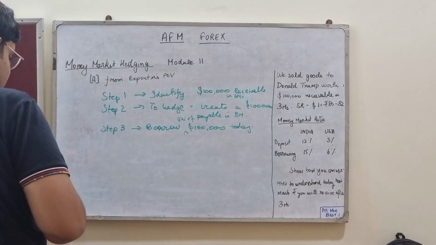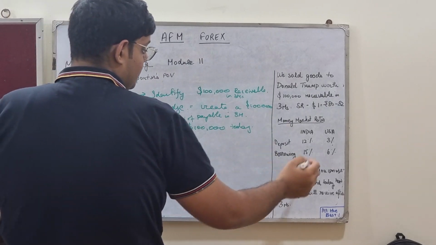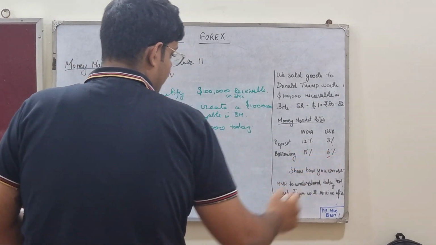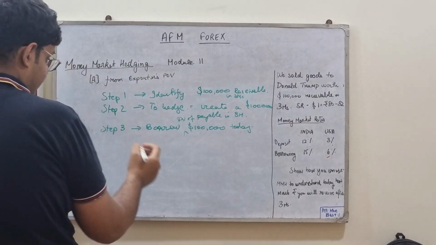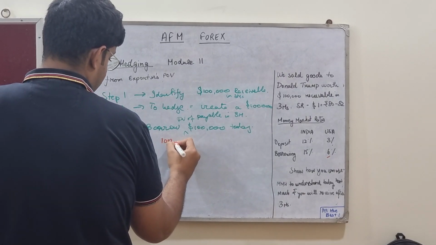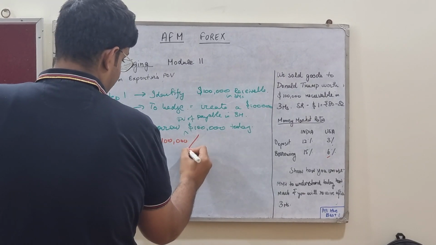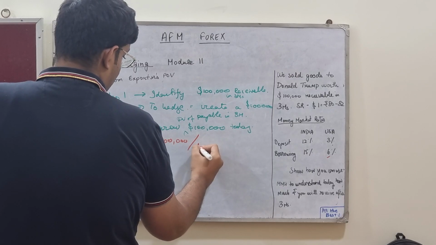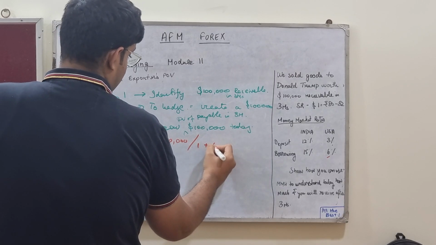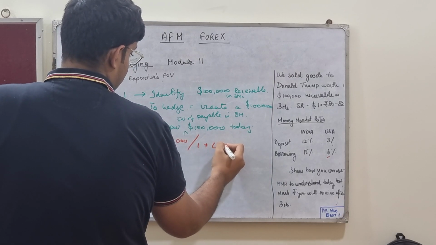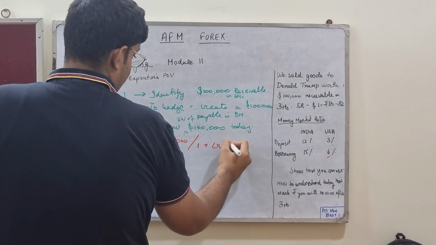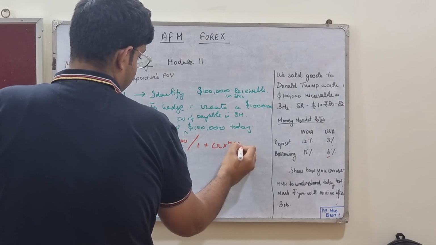Okay, so how do we calculate the present value? Present value will be using the borrowing rate, right? So basically it will be 100,000, which is the principal, divided by 1 plus R into months by 12.